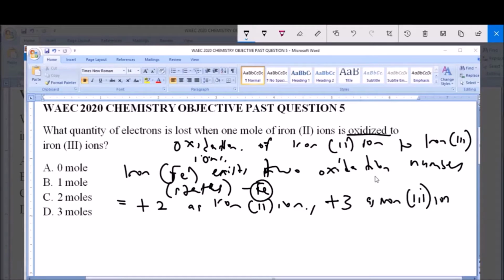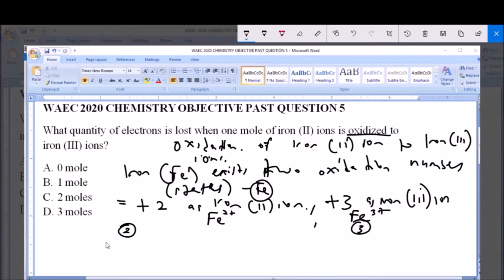So this is written as Fe2+, this is written as Fe3+. This shows that the iron in iron 2 is left with 2 valence electrons, while this is left with 3 valence electrons. That is based on their ionic structure.